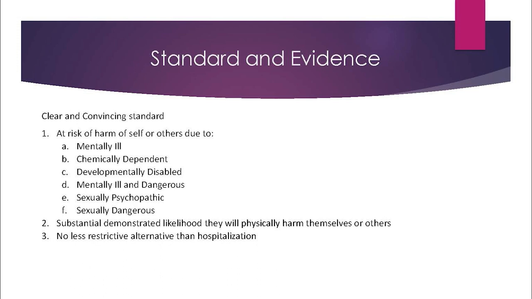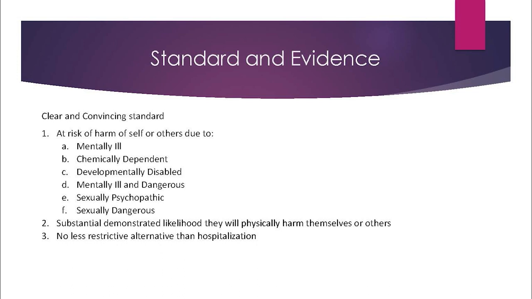The reason it has to be risk of harm of self or others due to one of those categories is a person is capable of harming another person rationally, not because they suffer from something on that list, but just a rational, regular, average human being can be a risk of harm to themselves, and they can be a risk to others. So just because someone is threatening to kill someone, just because someone is threatening to harm someone, and just because someone is threatening to harm themselves, does not mean it is due to a mentally ill state.